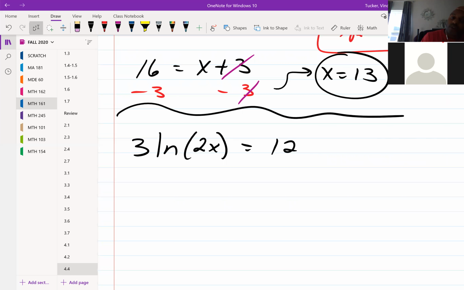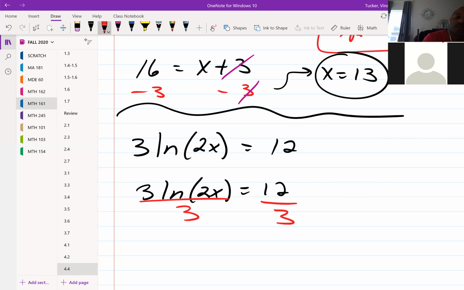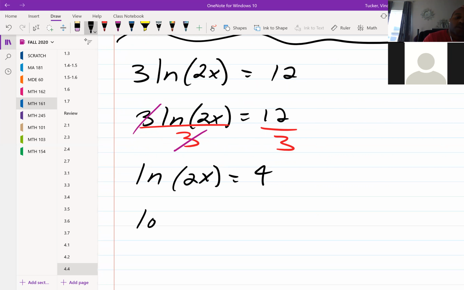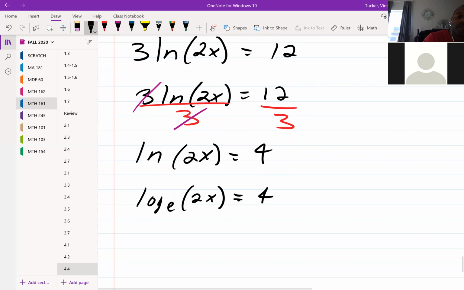So next we have 3 natural log of 2x equal to 12, excuse me. And here we can divide both sides by 3 first. That'll be natural log of 2x equal to 4. Now, if we want to do what we did in the last problem, we recognize that natural log is log base e. So don't forget that. Just like common log is log base 10, natural log is log base e.